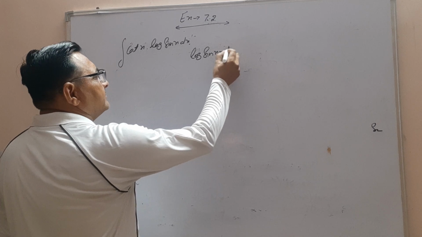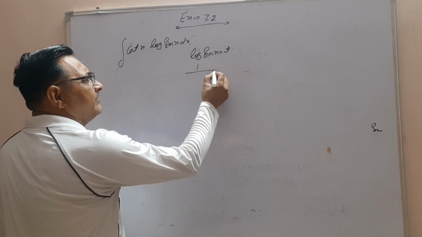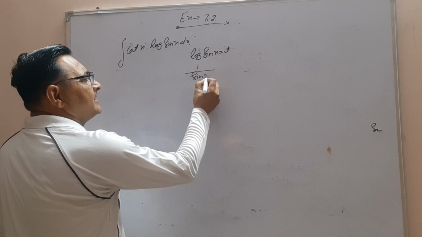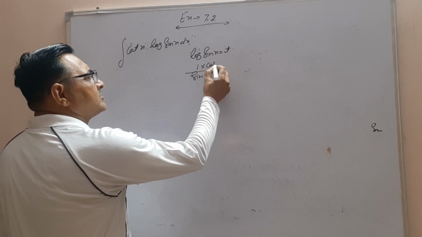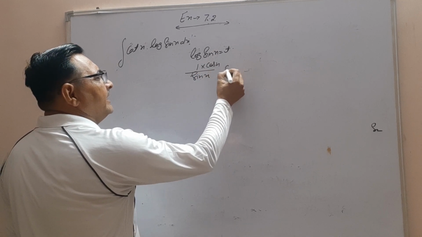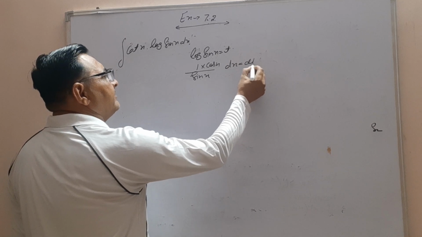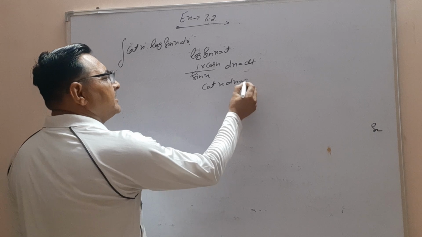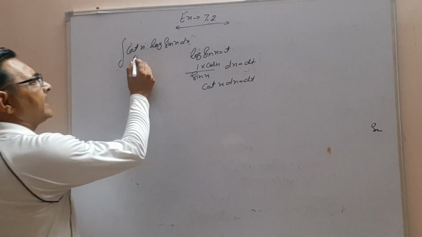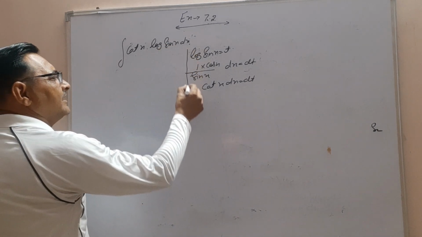is equal to t. How will you take its derivative? First of all, 1 upon sin x, and sin x's derivative is in the numerator, that is cos x, and dt by dx, cross multiply, it will be dt. Cos by sin is cot x into dx is equal to dt. You will get cot x into dx as dt.